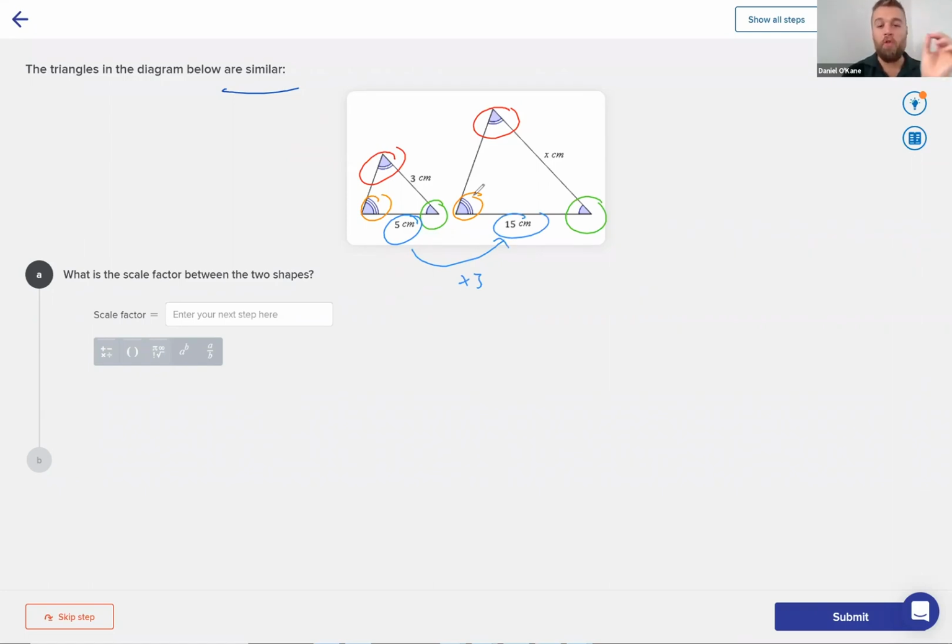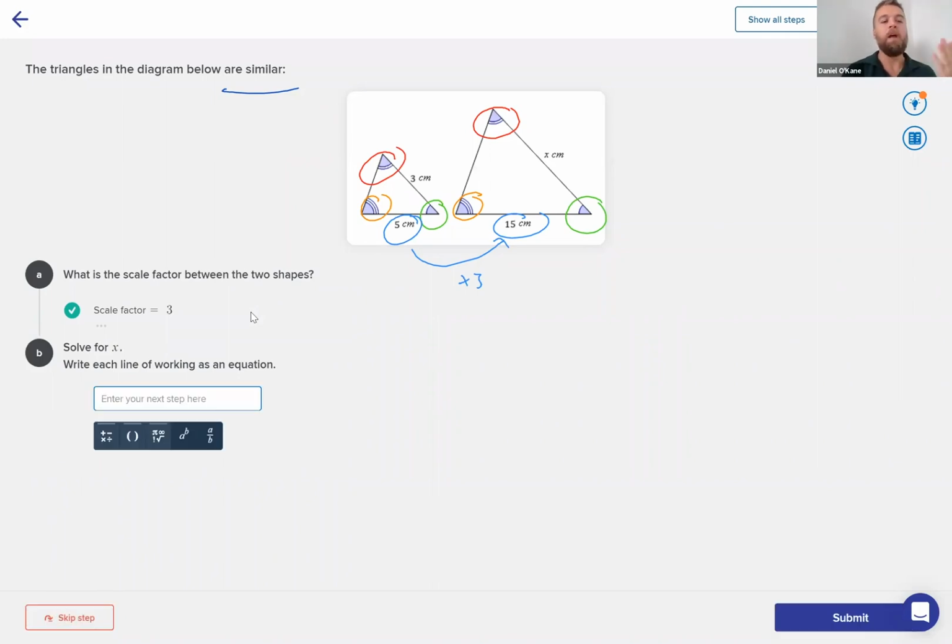Okay, and so I know those are the corresponding lengths in the same ratio because of the way those angles are orientated. So I know that number is 3, 15 divided by 5 is 3. That's the scale factor. Now we can use the scale factor to solve for x. Again, I believe Remy's already answered this. So I just need to multiply this dimension by 3 to get this dimension x.